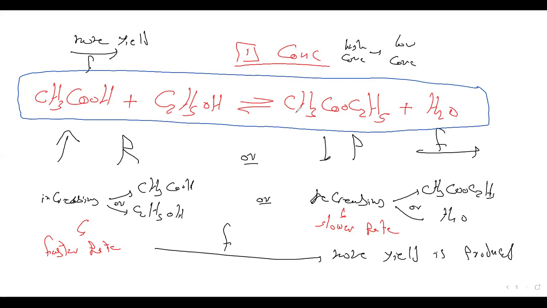It means that more yield is produced. By increasing concentration of the reactants, we have more yield and faster rate because concentration is directly proportional to rate. While by lowering the concentration of the products, we have more yield but a slower rate.